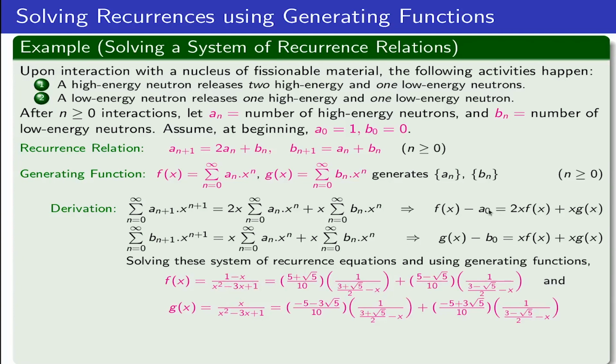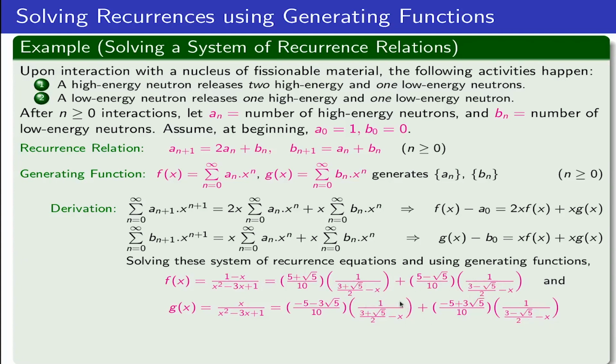If you solve it with A0 equal to 1 and B0 equal to 0, we get f(x) equal to (1 minus x) by (x squared minus 3x plus 1) and g(x) equal to x by (x squared minus 3x plus 1). The rest I am not telling you because it is simple jugglery to form this into some alpha minus x and beta minus x, some gamma minus x and delta minus x.